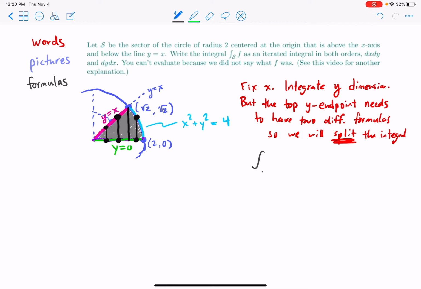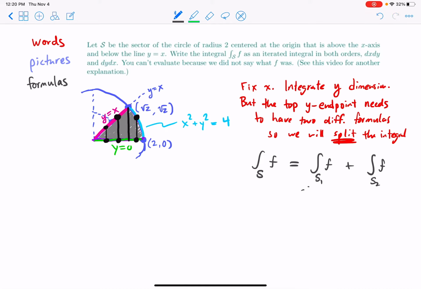The integral over the sector S of the circle of the function f is equal to, first integrate over one piece and then integrate over a second piece. My first piece will be this triangle, and my second piece will be this almost triangle, but one of its sides is this blue curve. So I just split S into two pieces, and I integrate over both.